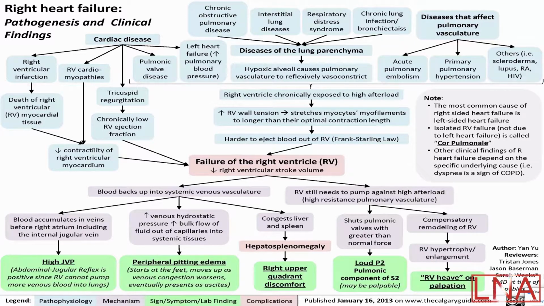Isolated right ventricular failure, not due to left heart failure, is called cor pulmonale, and we discussed it in the topic about chronic obstructive pulmonary disease and bronchial asthma. Other clinical findings of right side heart failure depend on the specific underlying cause, for example, dyspnea as a sign of COPD.